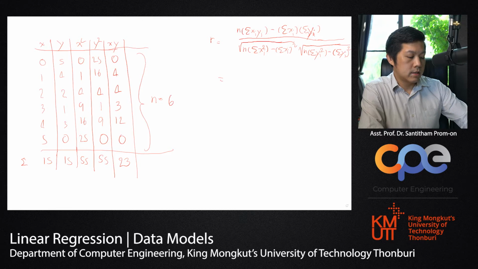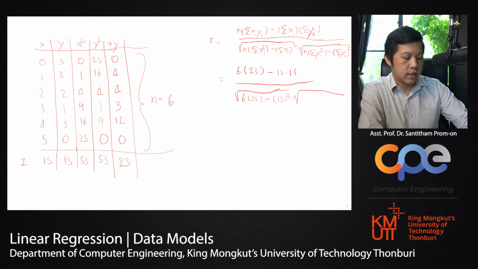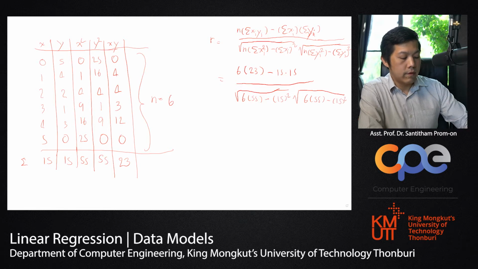Then it would be 6 multiplied by 23, summation of xy, minus summation of x, 15, summation of y, 15, divided by square root of n, 6, summation of x square, 55, and then minus summation of x, 15 square, square root of 6 and 55 minus 15 square, right?